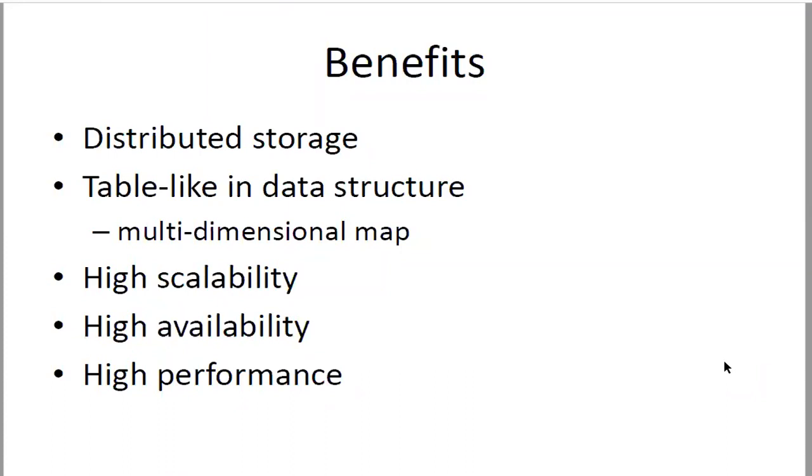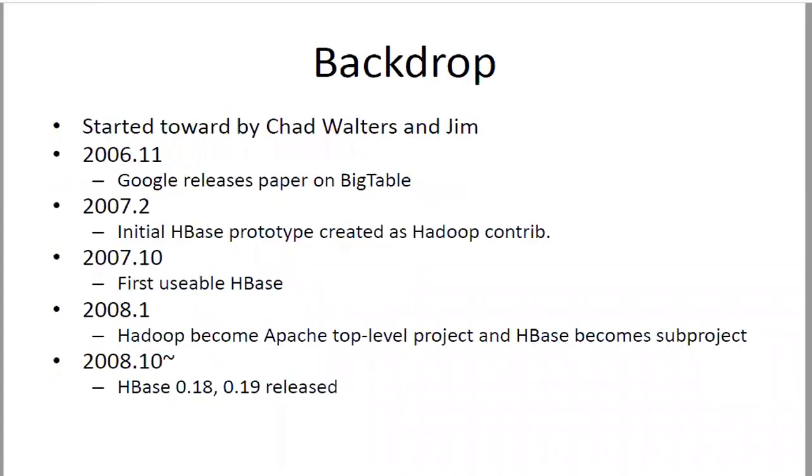It is not exactly using a table format like a database management system, but it is using a table-like data structure that is column-based, and it supports multi-dimensional mapping. When you are saving the data, it supports multi-dimensional data, where you can do the mapping also. Other benefits are that it is highly scalable, highly available, and it can produce high performance.